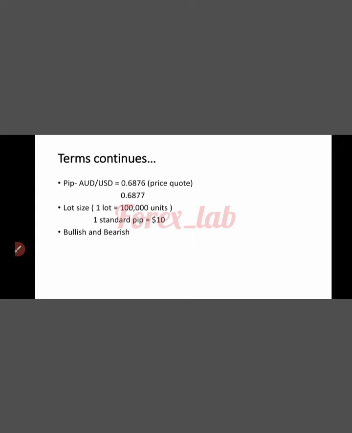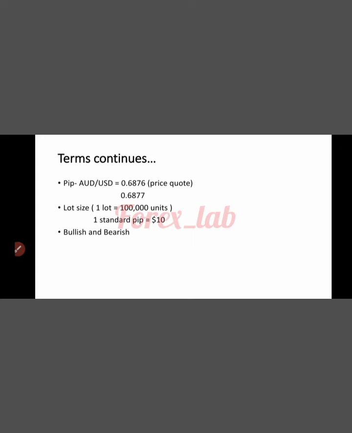Now, when it moves from 0.6876 to 0.6877, it means it has moved slightly, and this slight movement enables you to acquire more of the US dollar.